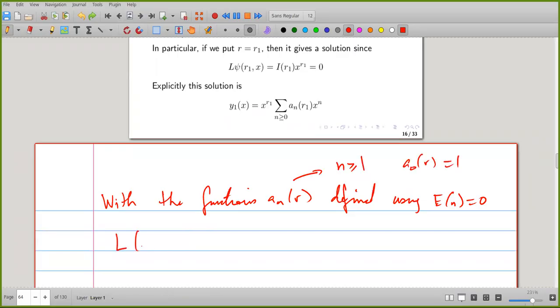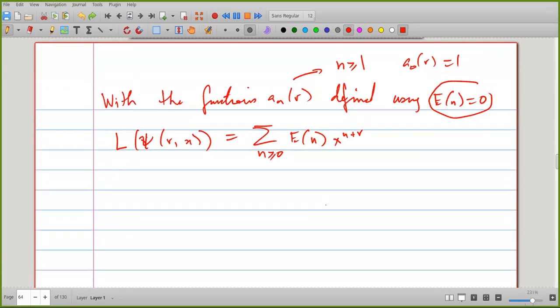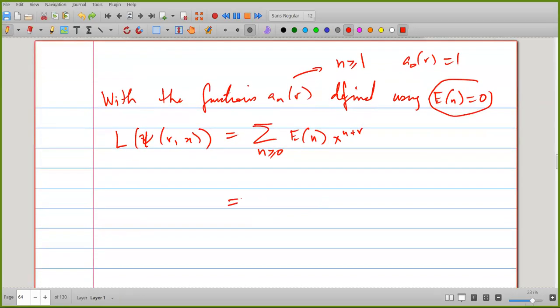So this implies L of psi(r, x) was equal to the summation, n greater than or equal to 0, of e_n x to the power n plus r. But our A_n(r)'s are defined using the equation e_n equal to 0 for n greater than or equal to 1.